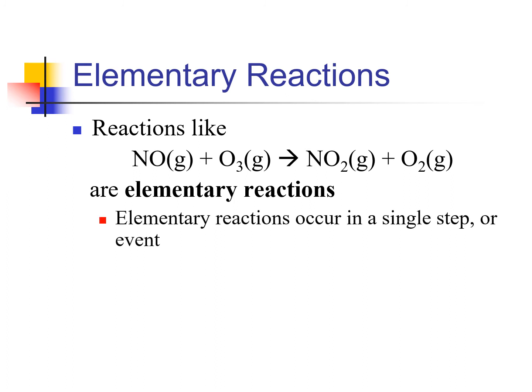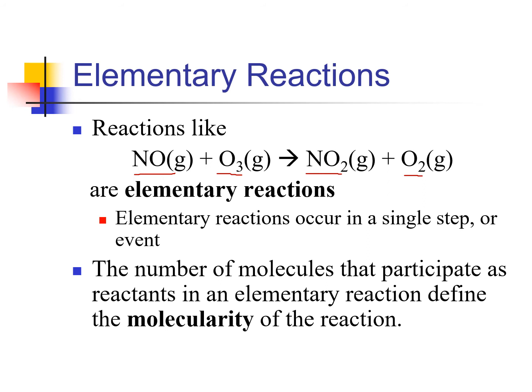Elementary reactions occur in a single step or event. What you see is the reaction. So if I say that the elementary reaction is this, that means one molecule of NO reacts with one molecule of ozone to form one molecule of NO2 and one molecule of oxygen. That's it.